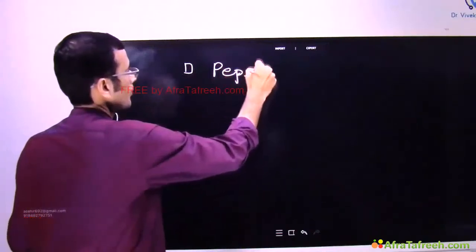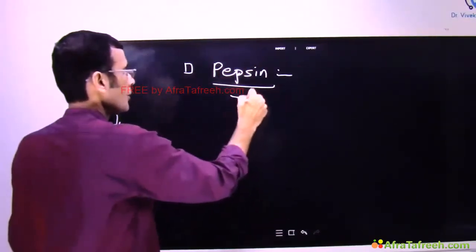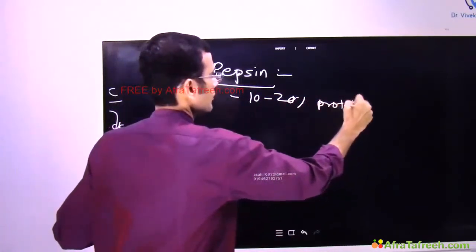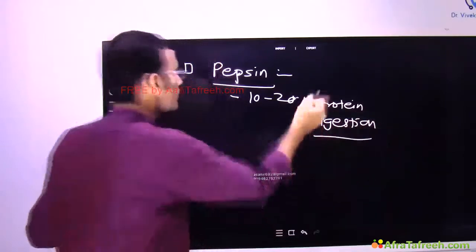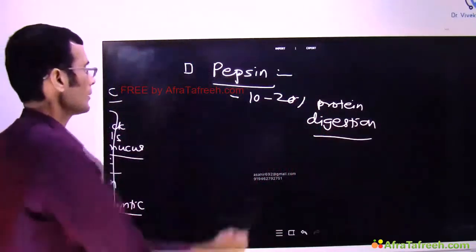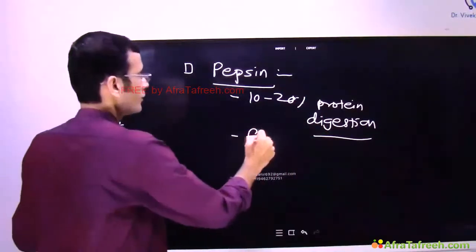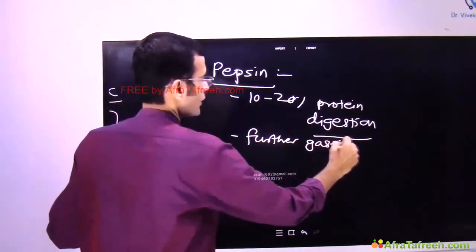Pepsin, protein digestion. About 10 to 20% of the protein digestion occurs by the action of pepsin in the stomach. Second point, it is needed for the further gastric acid secretion or gastric juice secretion.